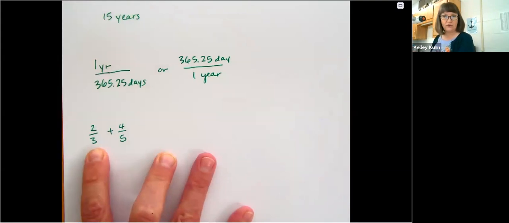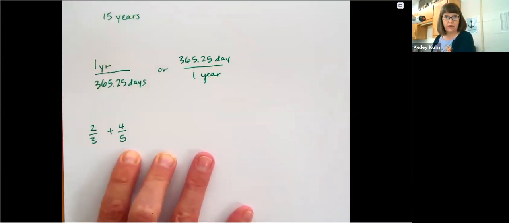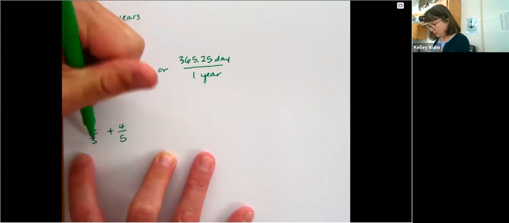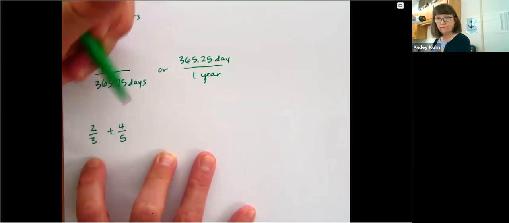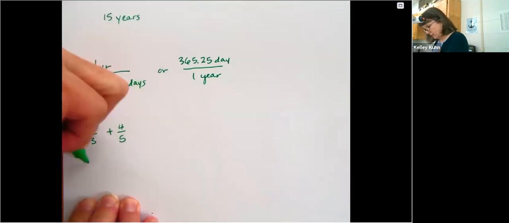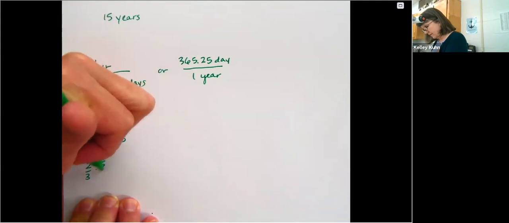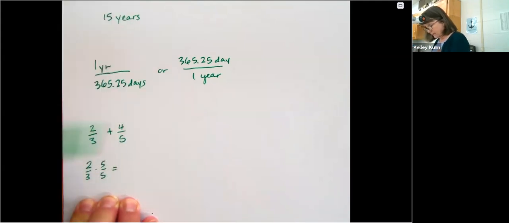Well, I can't add 2/3 to 4/5 directly. I want to get them to a least common multiple. What's my least common multiple of 3 and 5? 15. So I can multiply 2/3 by 5/5, because 5/5 is equivalent to 1, right?